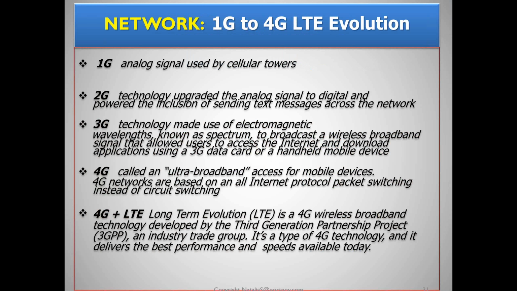So 1G became a generation when 2G came into the market. 1G was just an analog signal used by cellular towers. 2G upgraded the analog signal to digital, and we were able to not only make phone calls but also send text messages.